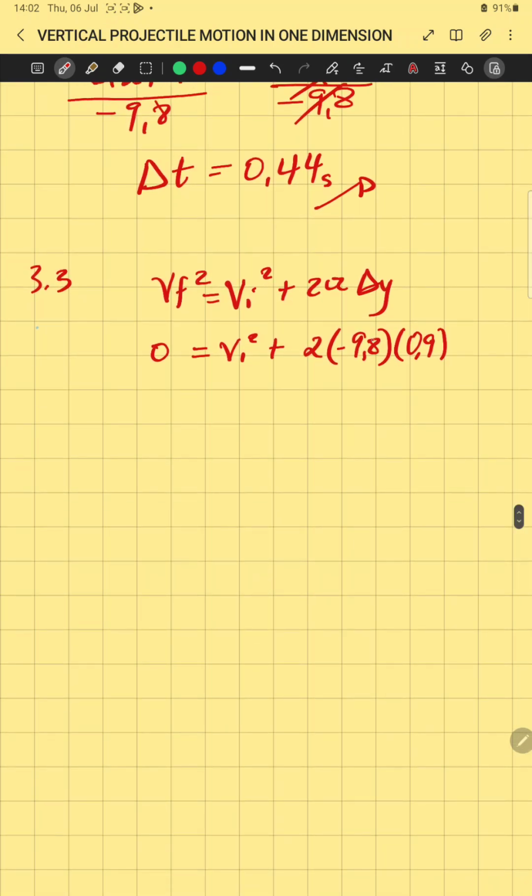So here we just transpose this number to that side, and then we're gonna have VI squared is equal to 2 times 9.8 times 0.9. So remember, this must be positive because it's been transposed to that side.